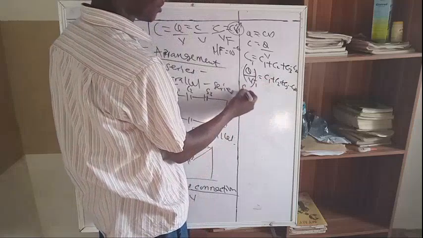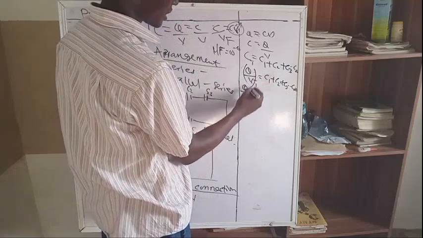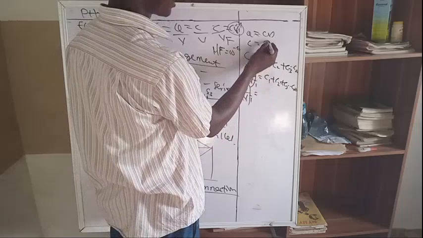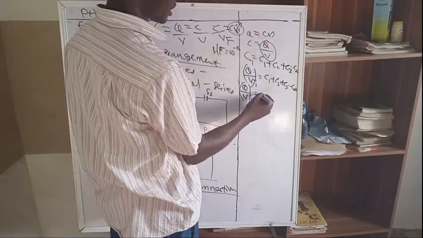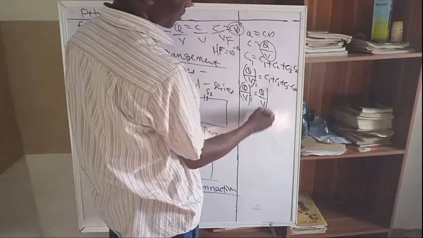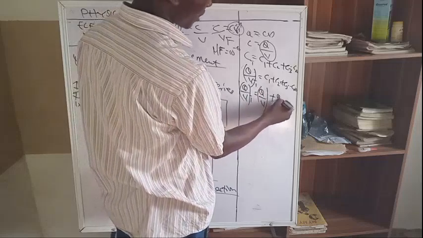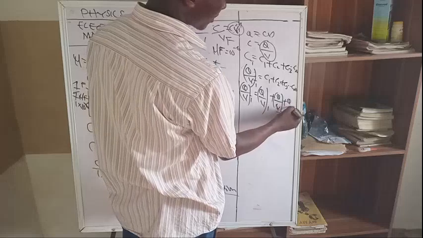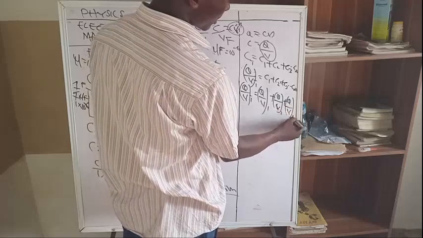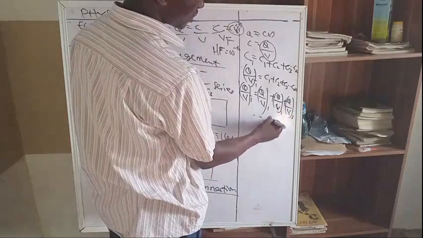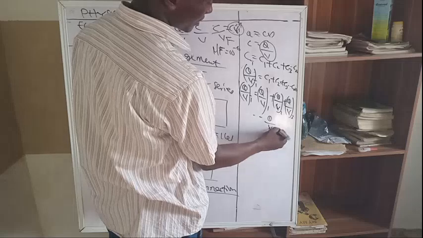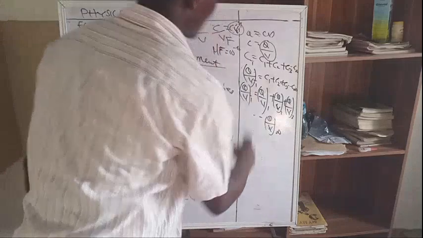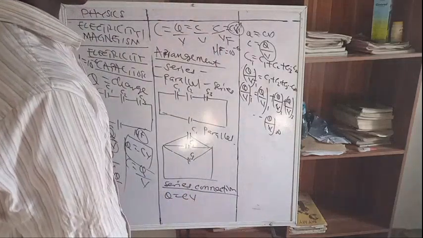So anywhere I see C total, I write Q over V total, which is equal to C1 plus C2 plus C3 all into C infinity. Anywhere I see C1, I'll write Q over V1, then plus anywhere I see C2, I'll write Q over V2, then Q over V3, then everything to Q over V infinity.